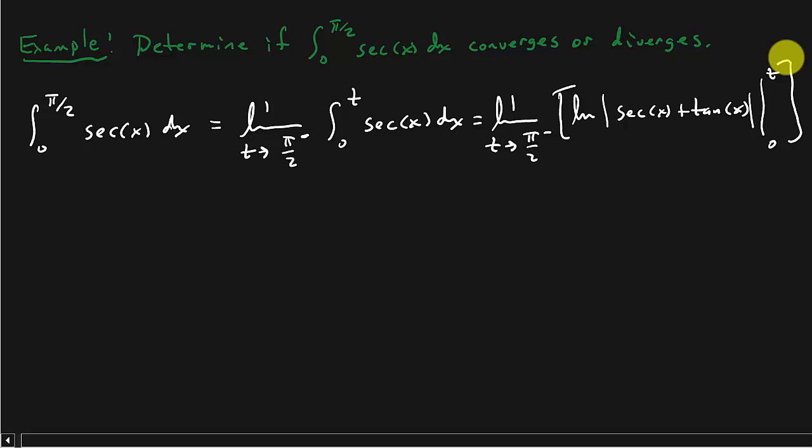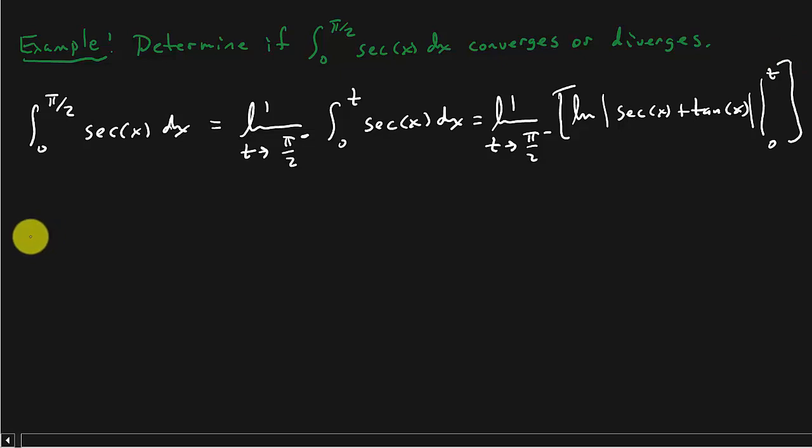That's one of the integrals you need to remember. The antiderivative of secant x is natural log secant x plus tangent x. That's part of your table of integrals that you're supposed to know.